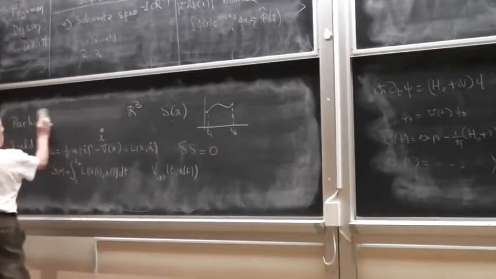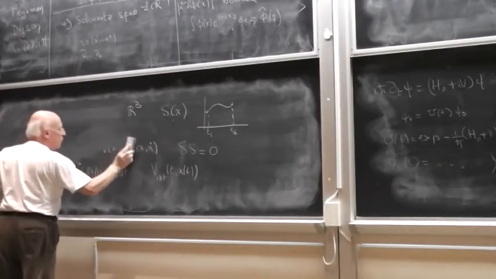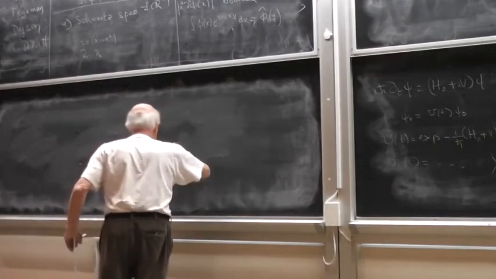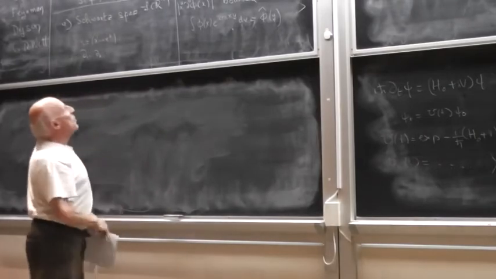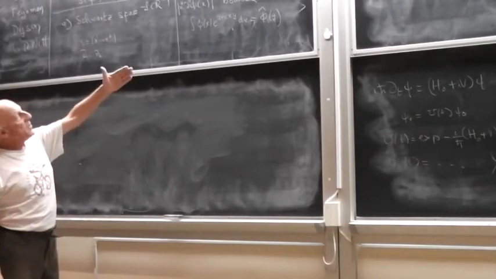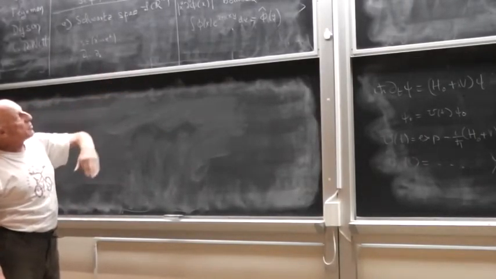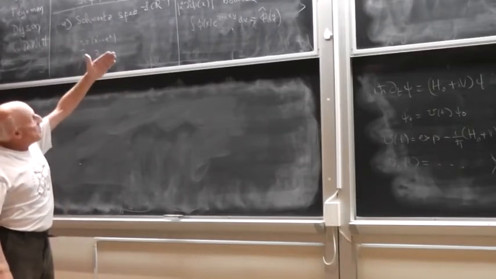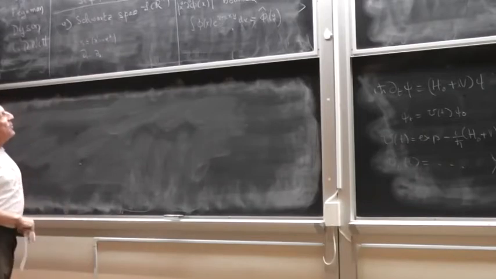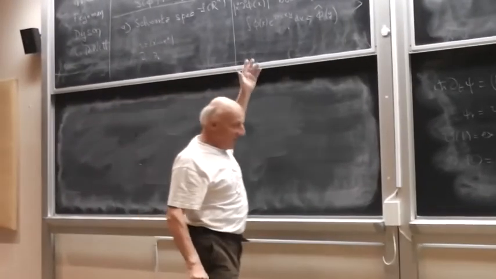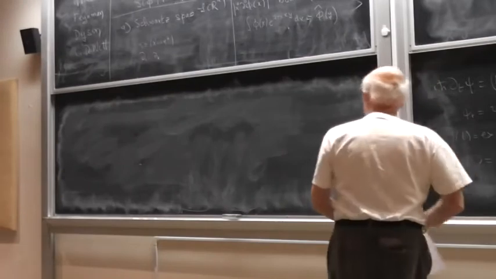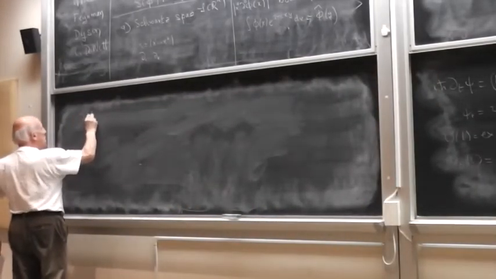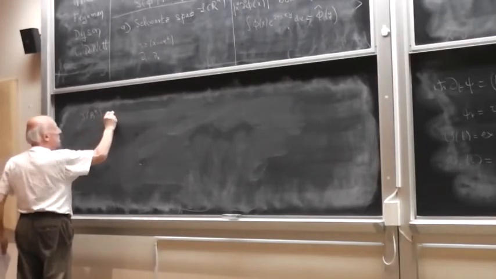Now you know that if you multiply a function by a coordinate x, the Fourier transform gives derivatives with respect to the Fourier variable y, and if you differentiate, it becomes multiplication. So it's obvious from this very easy property that the Fourier transform must map S of R^n into S of R^n.